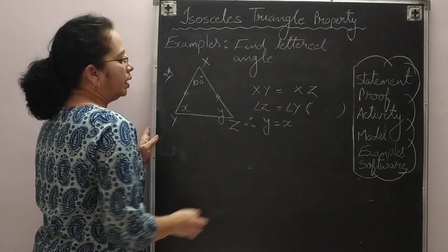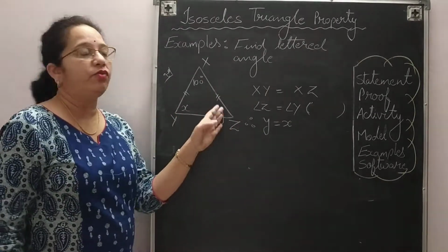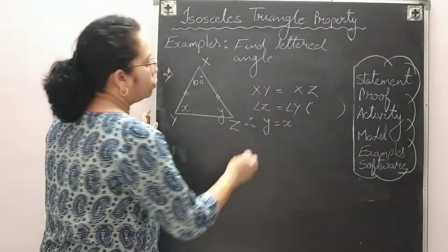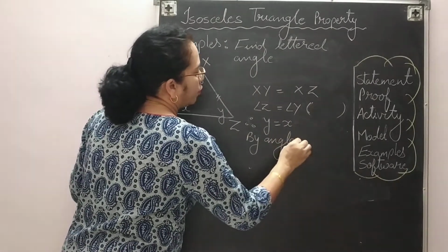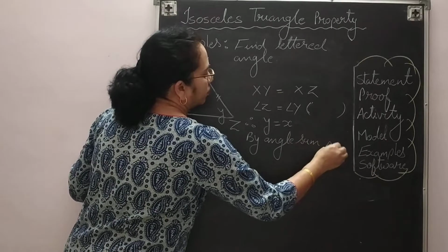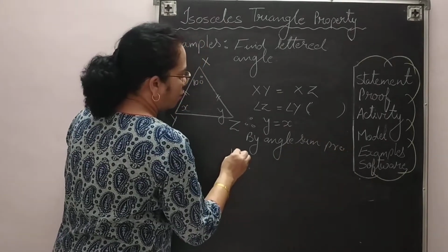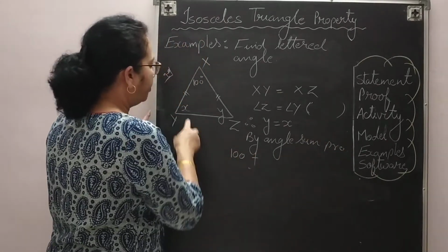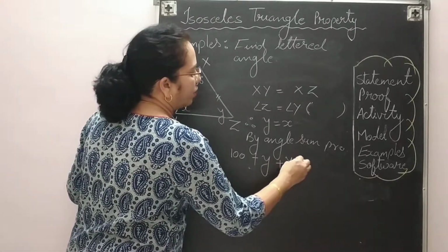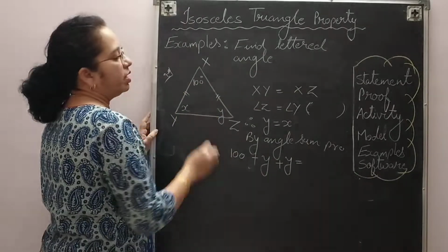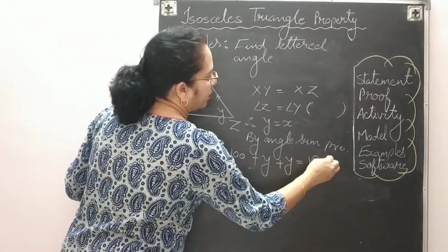Again, since the question is related to angles, we will use the angle sum property. So we can write down by angle sum property. What is angle sum property? Sum of all the three angles: 100 degrees, and since this is also equal to Y, this X you can replace with Y, or this Y you can replace with X, meaning is same.